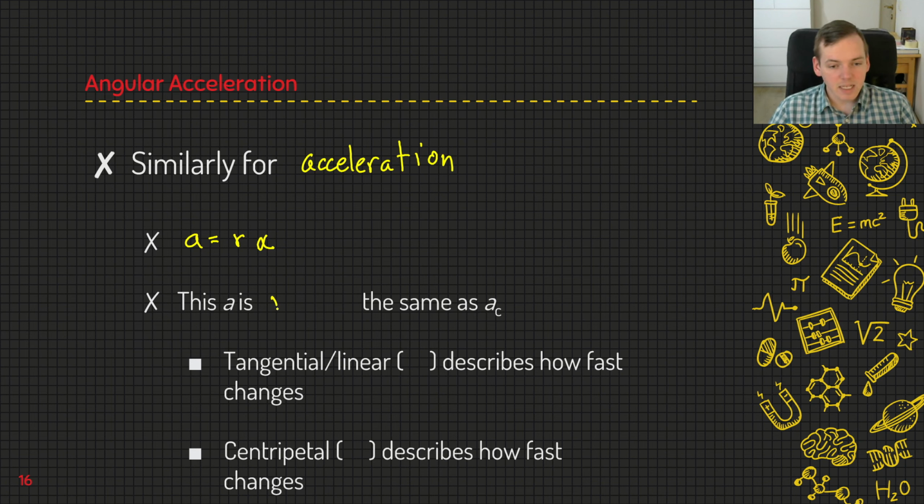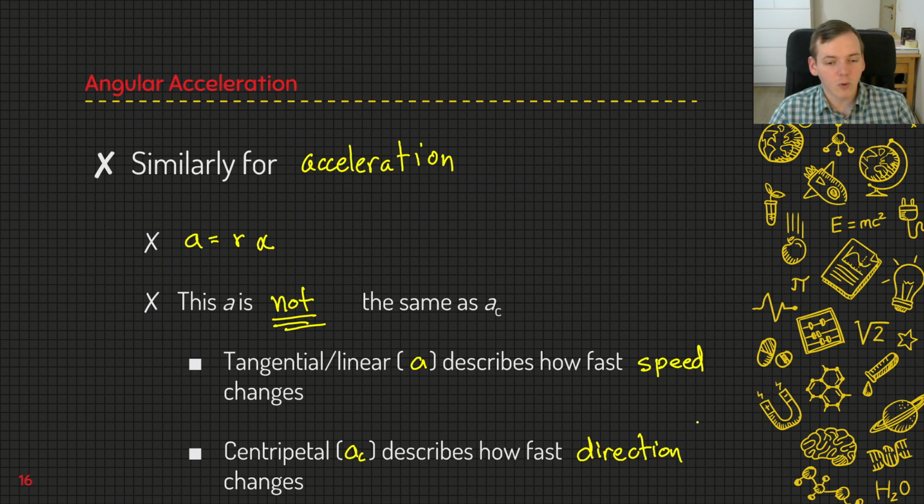But a is not the same as centripetal acceleration. So the linear or the tangential acceleration, which is what we're talking about now, just plain a, describes how fast the speed changes. Centripetal acceleration describes how fast the direction changes.